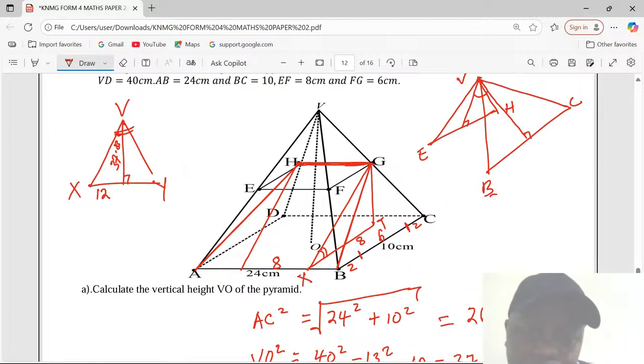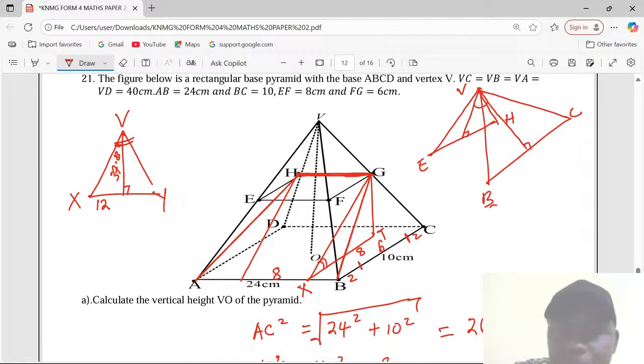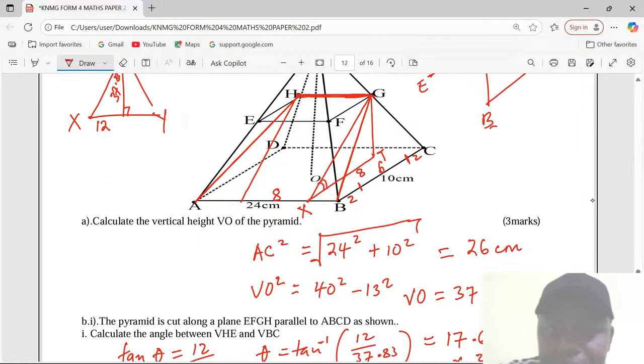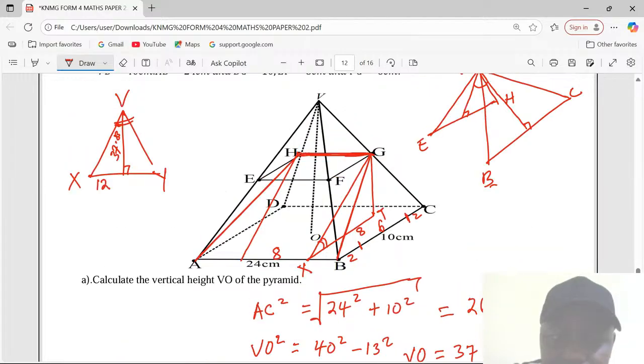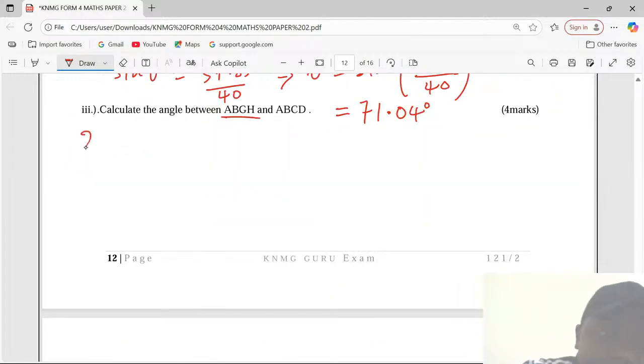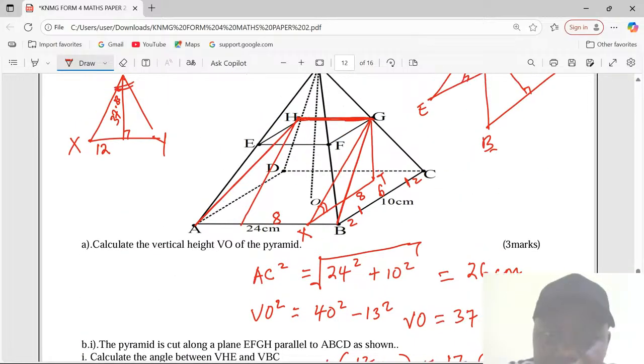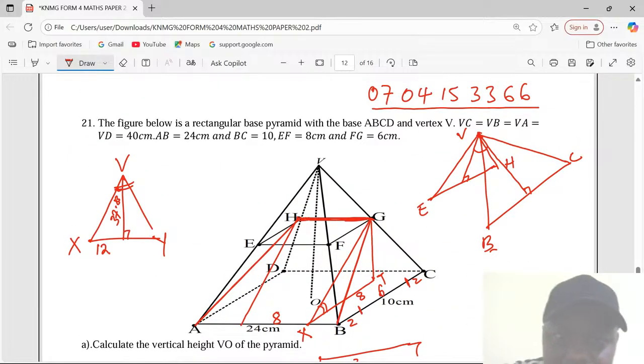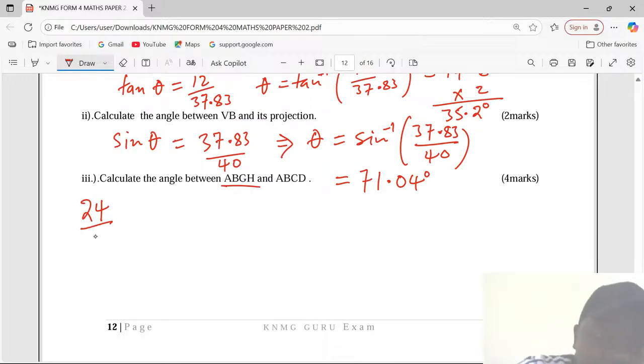So the height from G to T can be found when we say that the ratio of the base, which is 24, and the base of the pyramid which was cut off, using similarities and enlargement, is 8. The base length of the smaller one is 8.